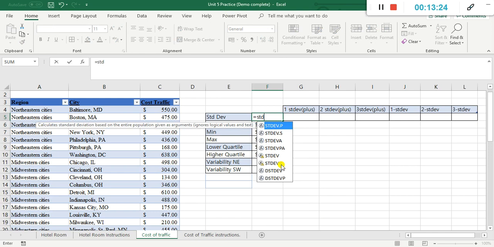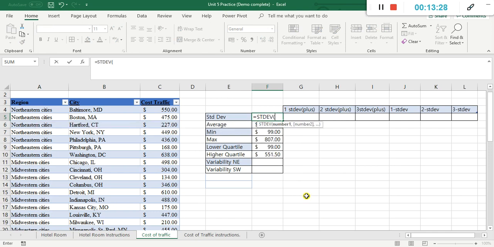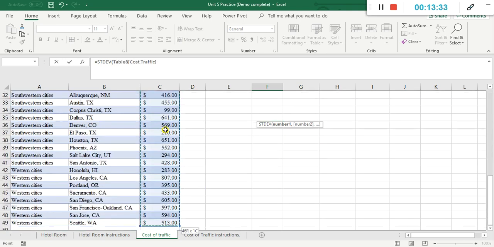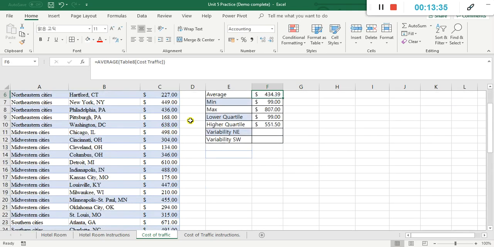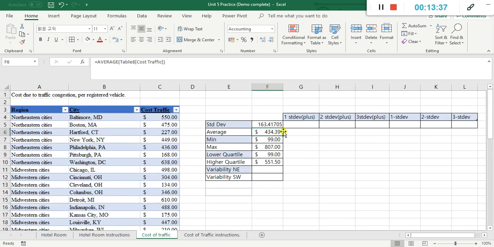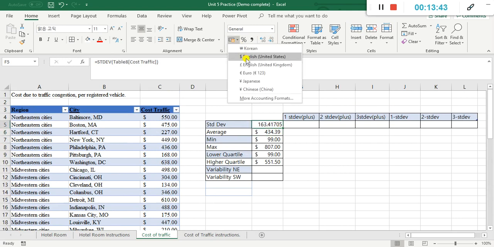I'm not gonna use the population or the sample version, just the standard deviation. I'm gonna select all the numbers one more time, and then I have that the standard deviation is 163.42.